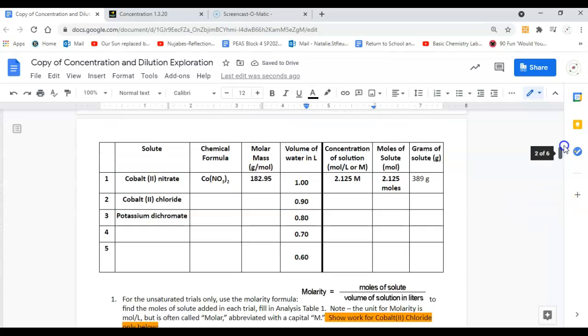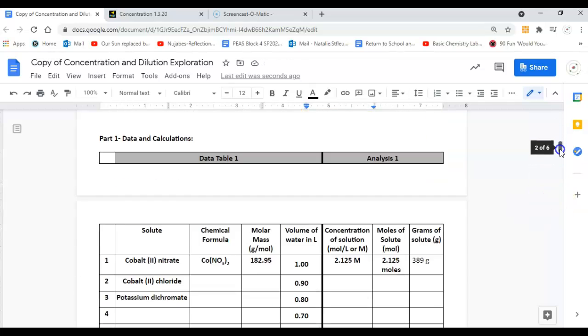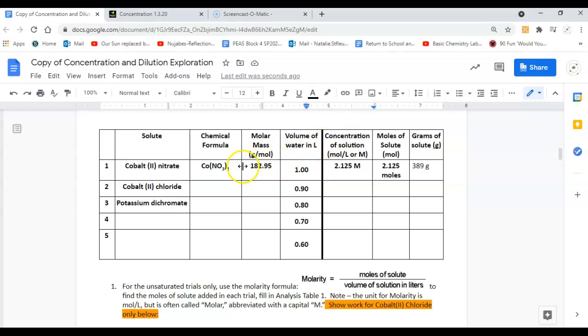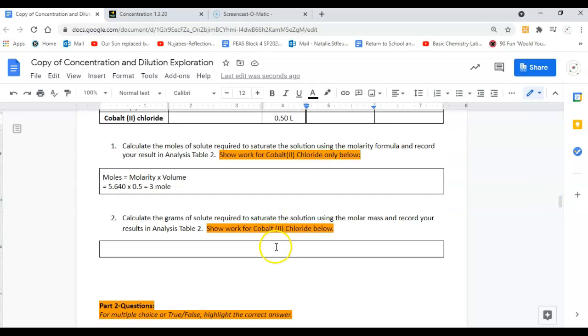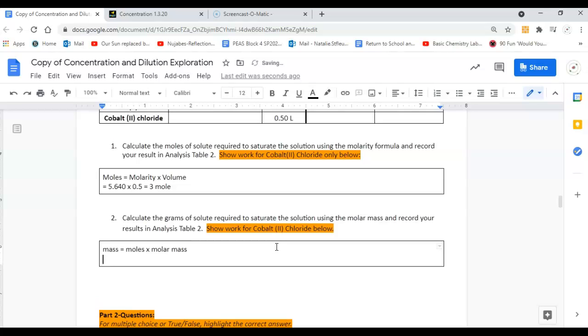All right, so now I need to get the mass, and again we're going to do the same thing we did before. So we're going back up here. The molar mass of cobalt nitrate is 182.95. That's what you use to get the mass from the moles. So the mass, remember, is equal to the moles times the molar mass. So this is going to equal 3, which is the moles that we have, times 182.95.